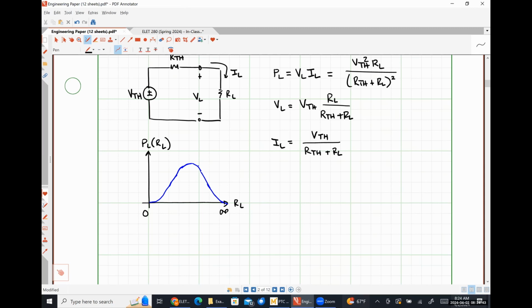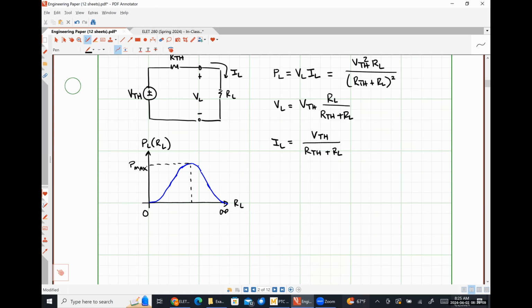Since there's no current flowing through our load, there can't be any power absorbed either, right? Well, here in the middle, there is some peak value, right? That occurs when maximum power transfer happens, okay?